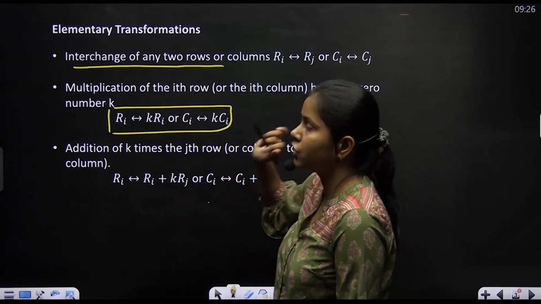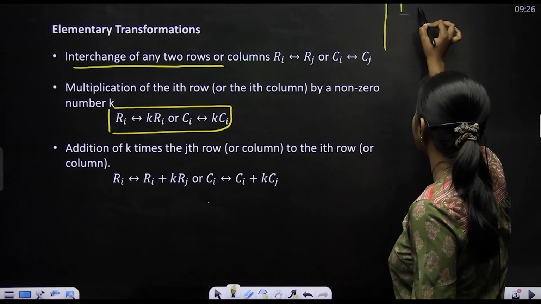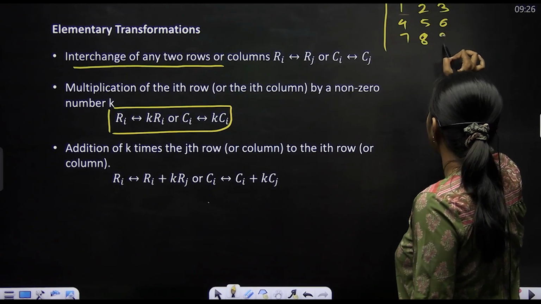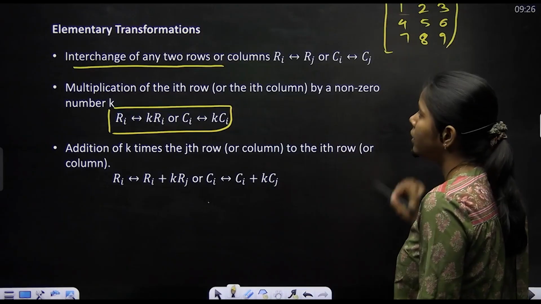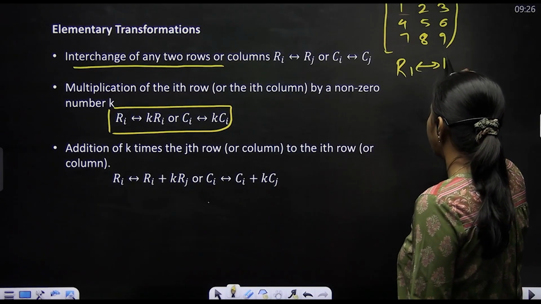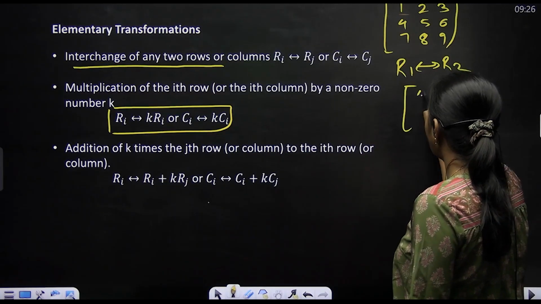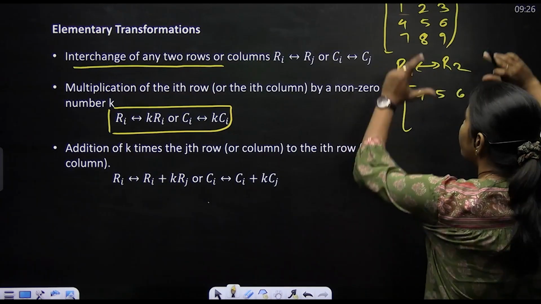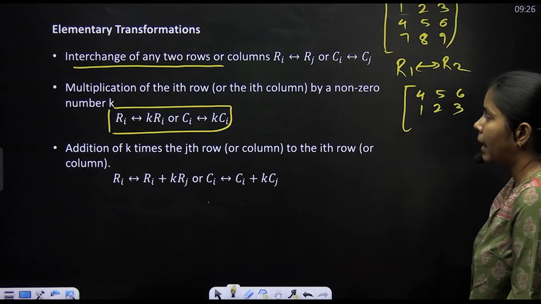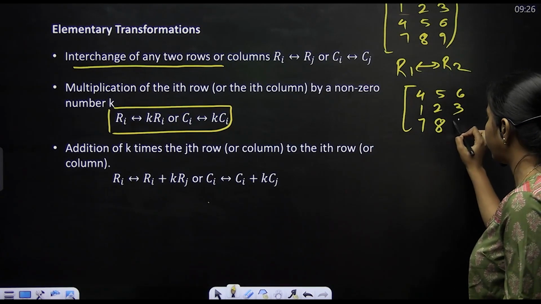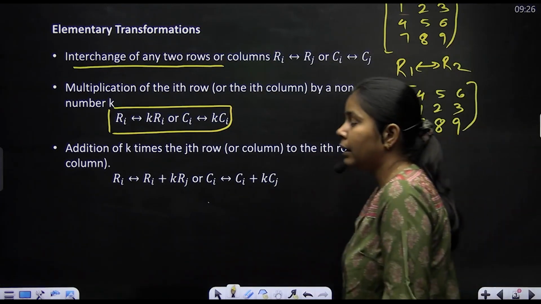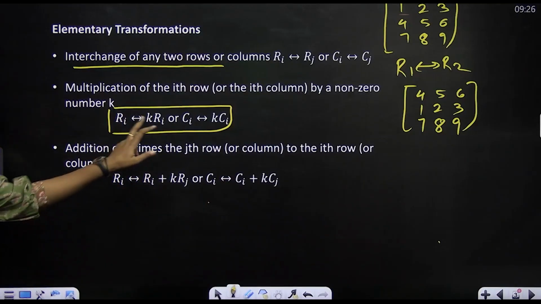So that means I can interchange any rows. Let's suppose we have this matrix: 1, 2, 3, 4, 5, 6, 7, 8, 9. I have to interchange any two rows. Let's suppose I interchange R1 with R2. What would it become? 4, 5, 6: the whole row 2 becomes row 1 and the whole row 1 becomes row 2, 1, 2, 3. The last row remains as it is because I haven't applied any transformation on row 3. Now next, I can multiply by any scalar.